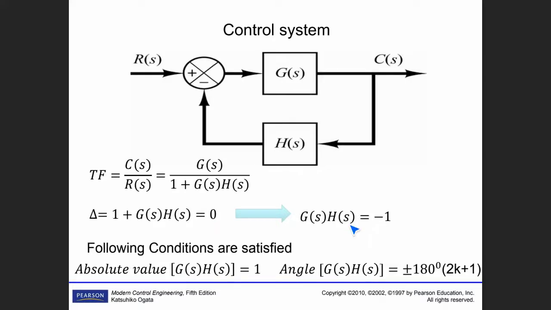Therefore, G(s)H(s) is equal to minus 1. Look, that method, while we were students, or even years later, since computer methods to draw the trajectory of the poles were not developed yet at that time in history, those curves were drawn by hand.